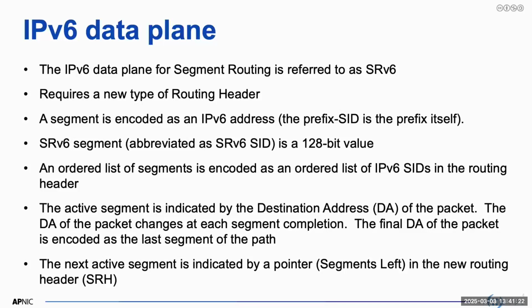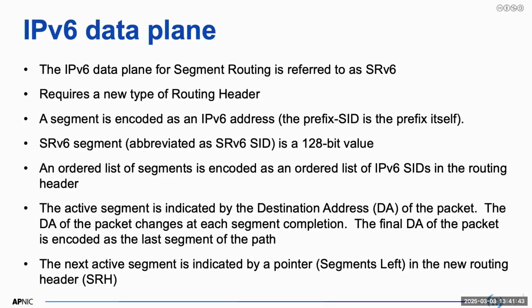And the segments are present in an ordered list. So it's not randomly generated. We have a certain ordered list of segments which needs to be attached, and the nodes execute them in the same order as well.